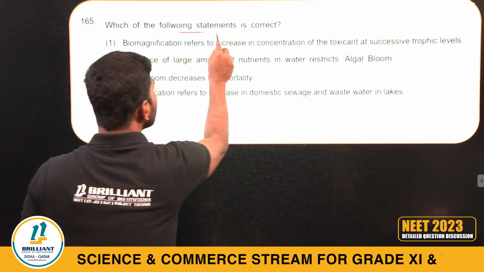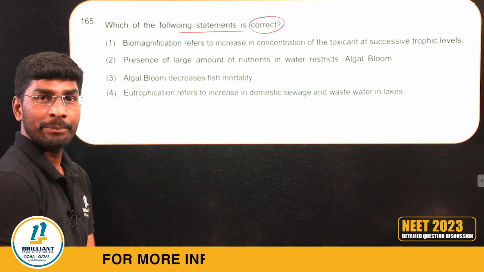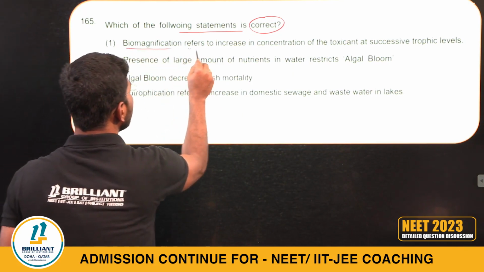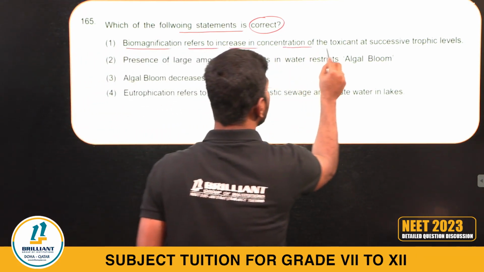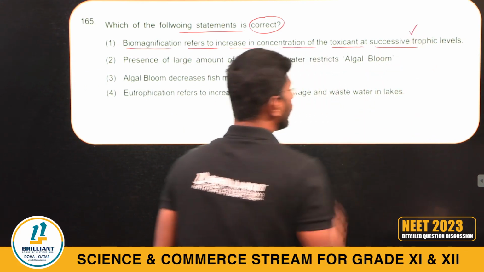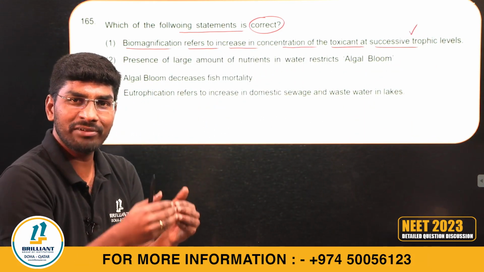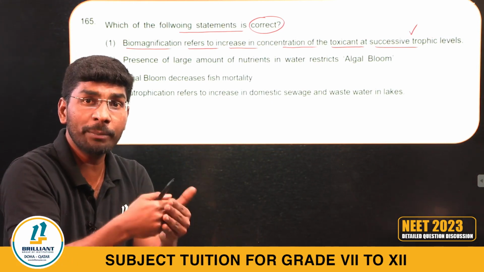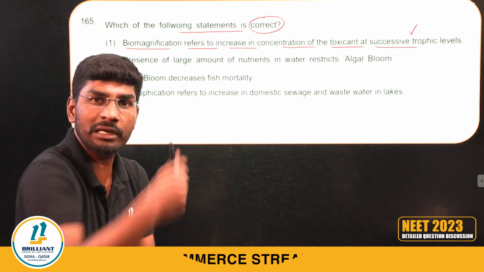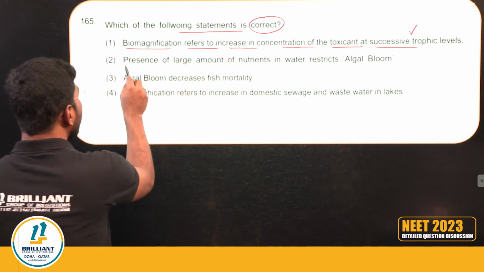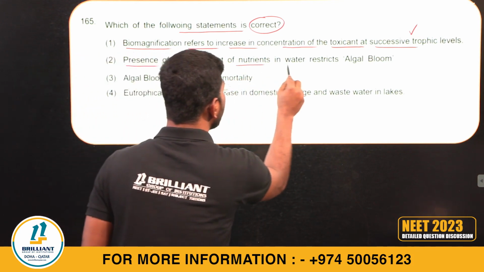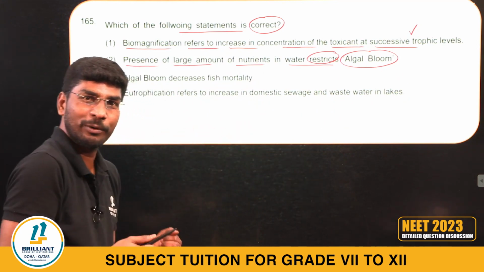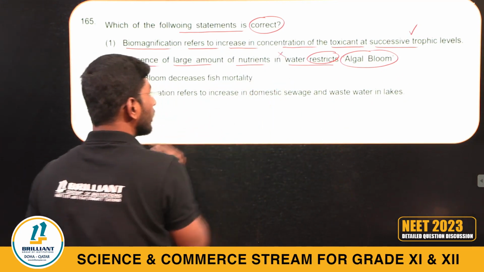165. Which of the following statements is correct? I told you statement based questions come. Biomagnification refers to the increase in concentration of toxic substances at successive trophic levels. Absolutely correct. Presence of a large amount of nutrient in water does not restrict but encourages algal bloom, so that statement is not correct.